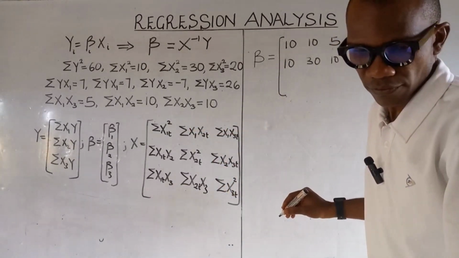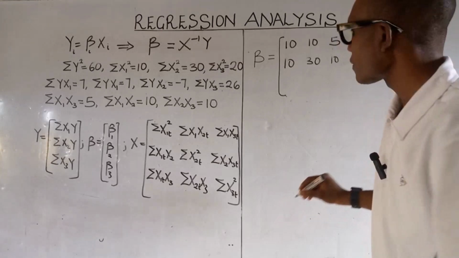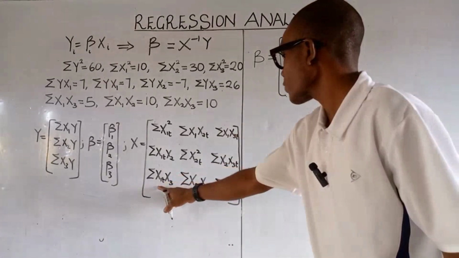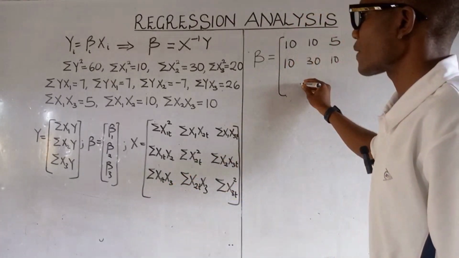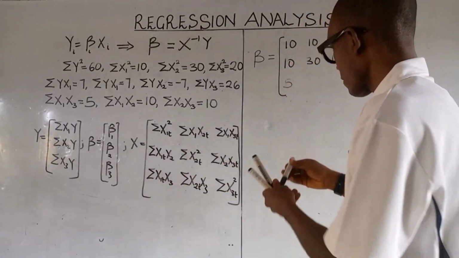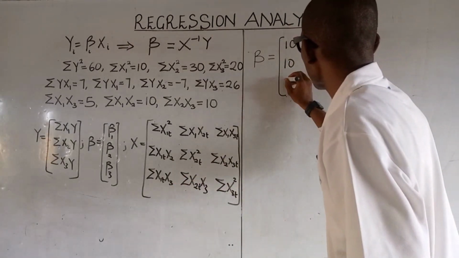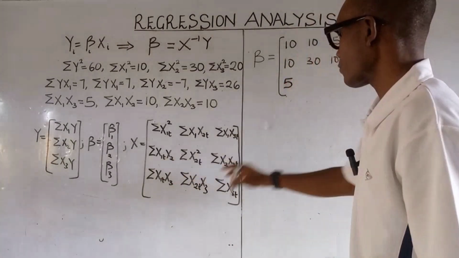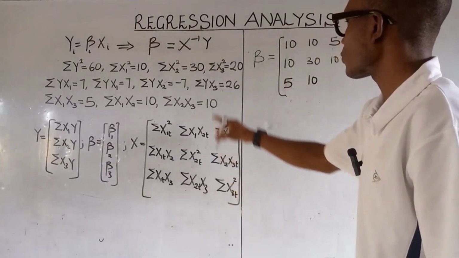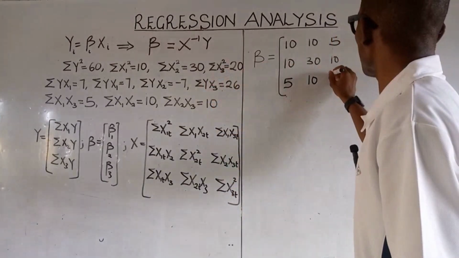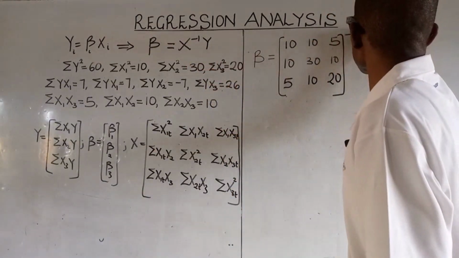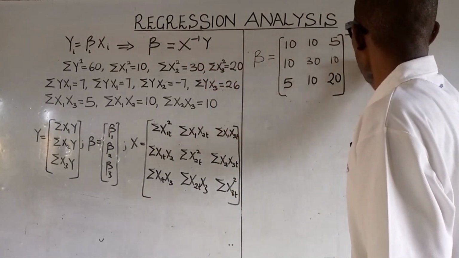We also have summation of x1, x3, which is 5. x1, x3 is 5. We have summation of x2, x3, which is 10. We have summation of x3 squared, which is 20. Like we said, it's equal to the inverse of y.